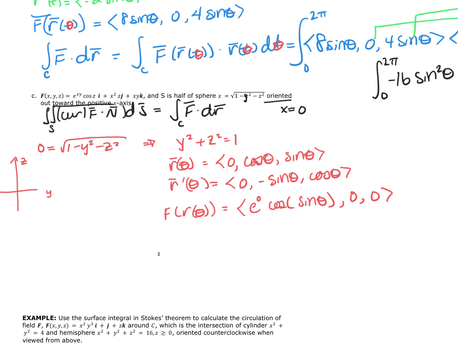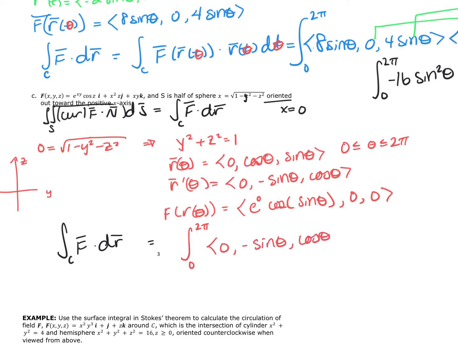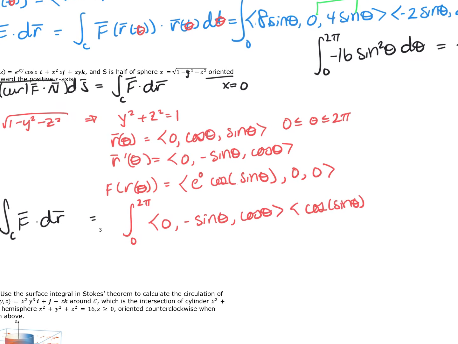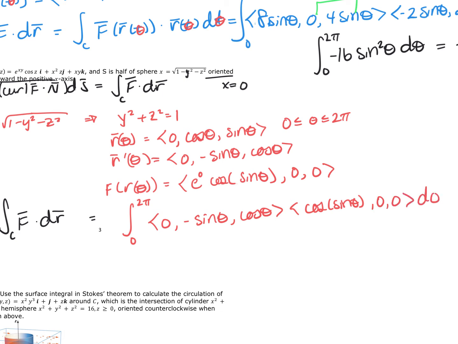So now I'm ready to do the integration. My theta, again, is going to run between 0 and 2 pi. So by Stokes theorem, the curl of F dot dr is equal to the dot product of 0, negative sine theta, cosine theta with cosine of the sine of theta, 0 and 0, d theta, which is going to go from 0 to 2 pi.